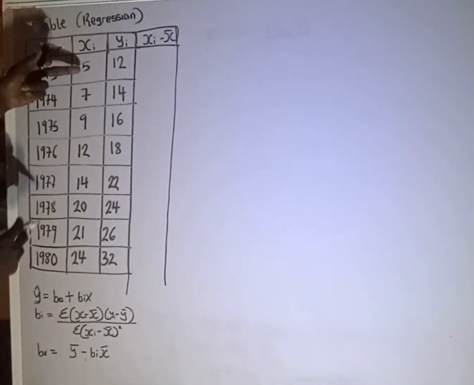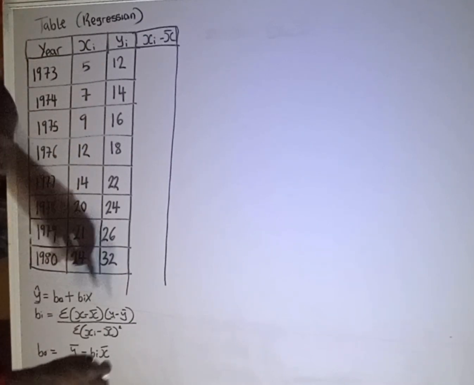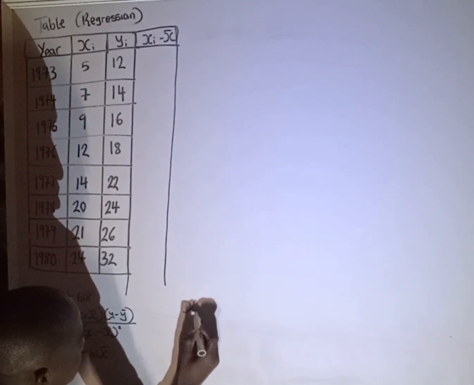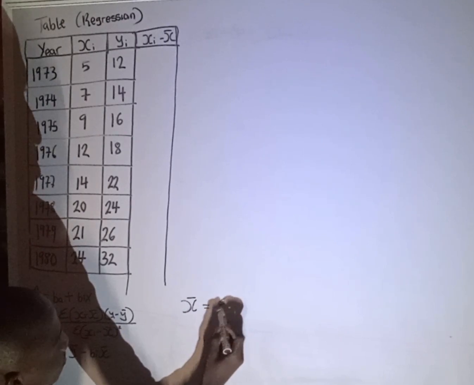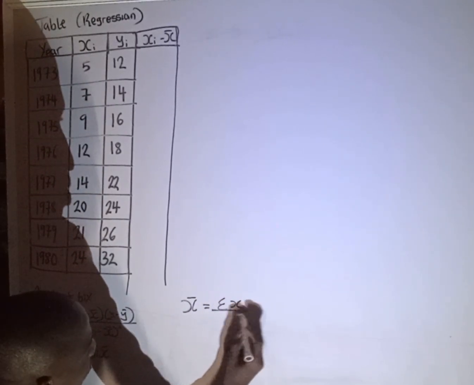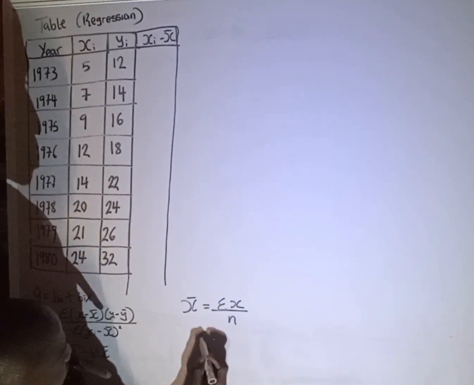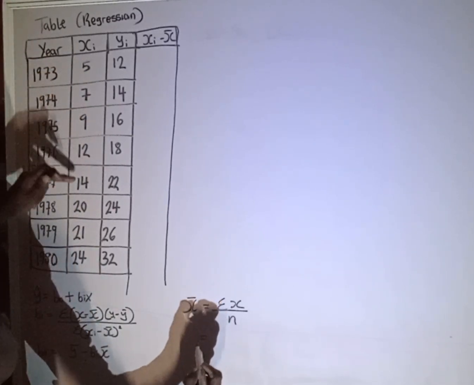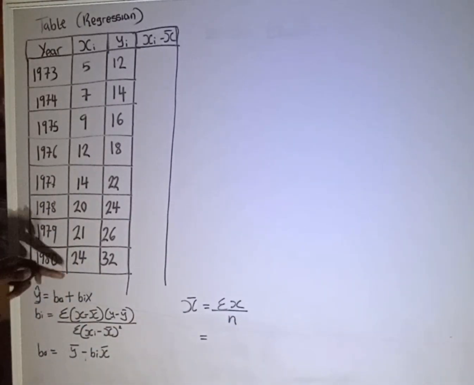If you look at this, I have the 5, 7, 9, 12, 14, 20, 21, 24. In order to get the mean of x, x bar is given by summation x all over n. The summation of x will be 2 plus 5 plus 7 plus 9 plus 12 plus 14 plus 20 plus 21 plus 24.